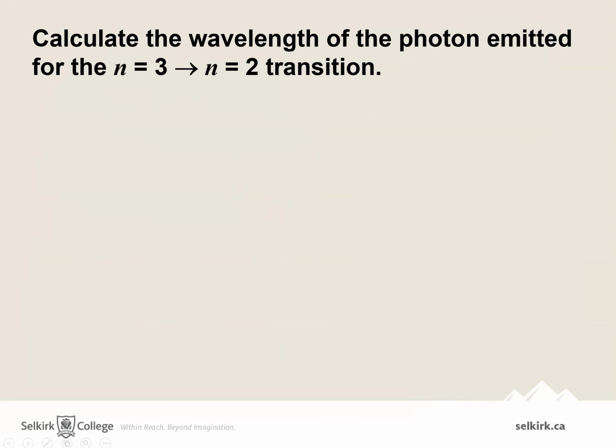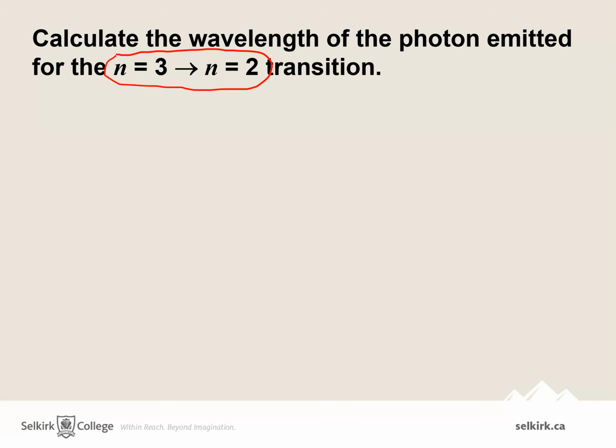Here we go. Calculate the wavelength of the photon emitted for the n equals 3 to the n equals 2 transition. And here is the symbolism that we use. That means the electron's hopping from the third orbit down to the second orbit.